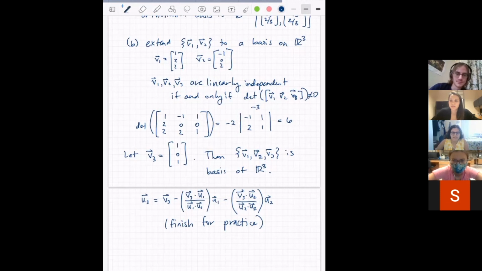Can I ask a quick question? If we find this U3, do we then say that U1, U2, and U3 is an orthogonal basis for R3? Yeah, then it would be an orthogonal basis for R3. Cool. Thank you. Just a question, for any subspace, are there several orthogonal bases?